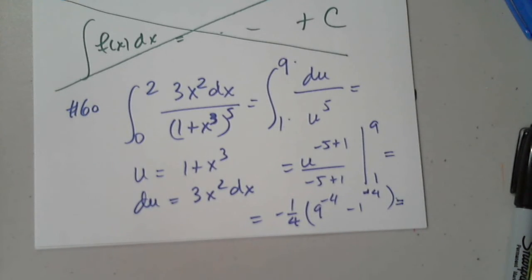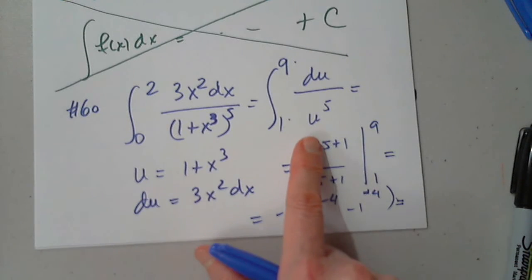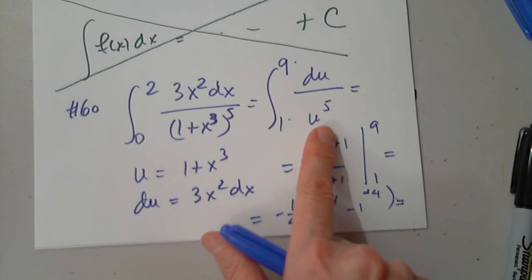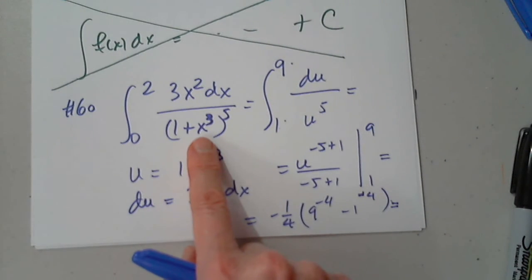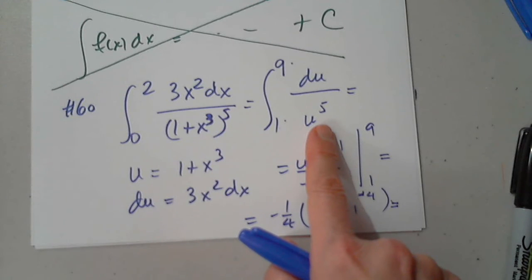Is that better? Yes? That means we cannot put the 1 plus x to the power of 3 instead of u. That's what I did. So it's right here, u to the 5th power.